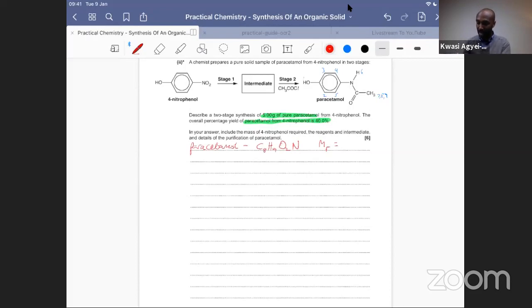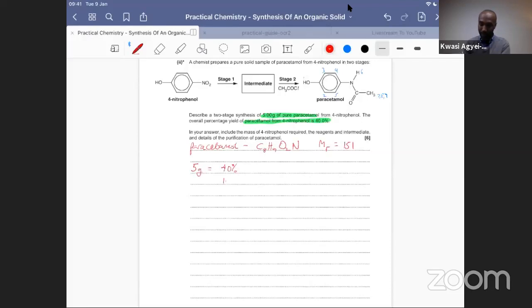So the MR of paracetamol is 151. Now, 5 grams of pure paracetamol represents a 40% yield. So 5 grams is equal to 40% yield.